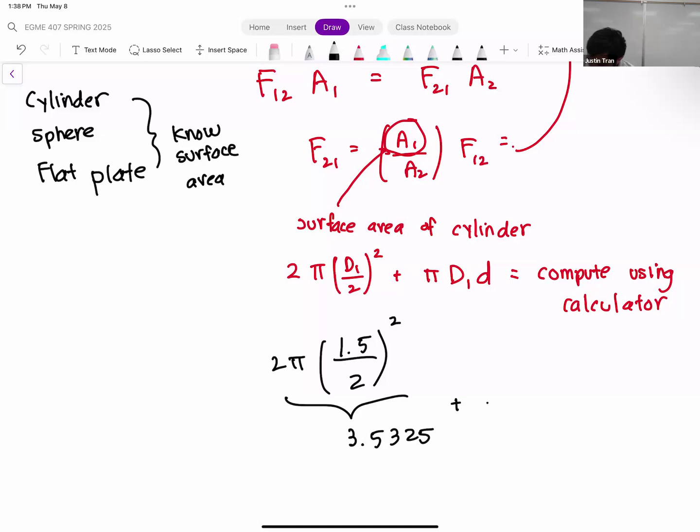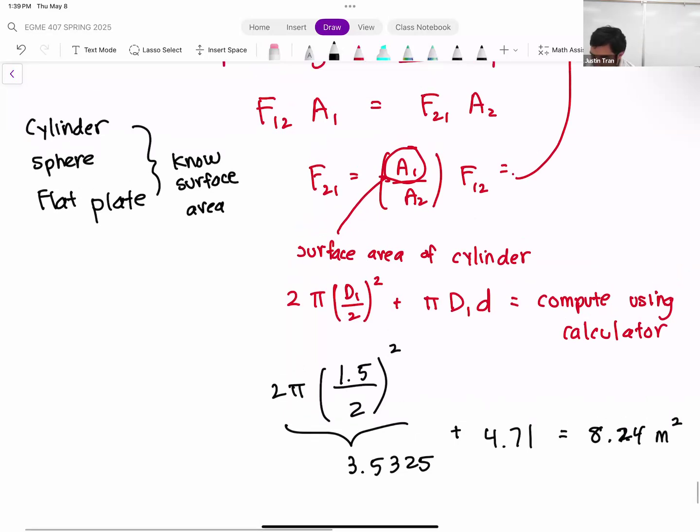So that's 4.71. And so we add these two together, 3.5325 plus 4.71, so this is about 8.24 meters square. Okay, so that's the surface area of the cylinder.